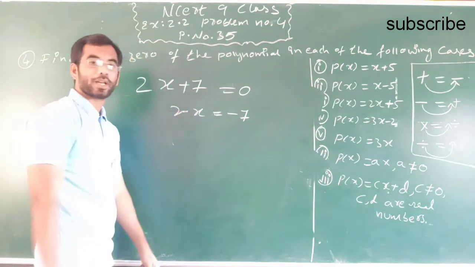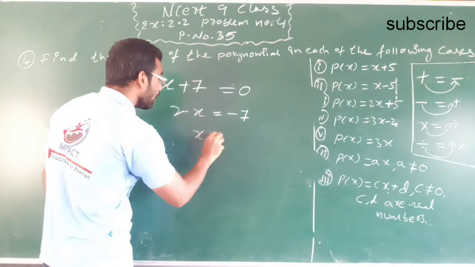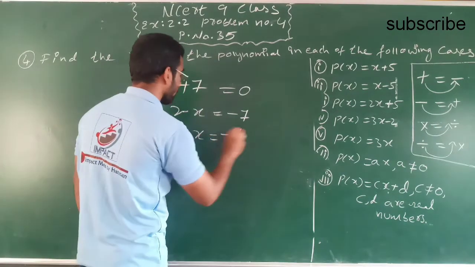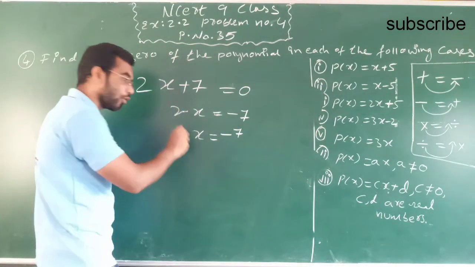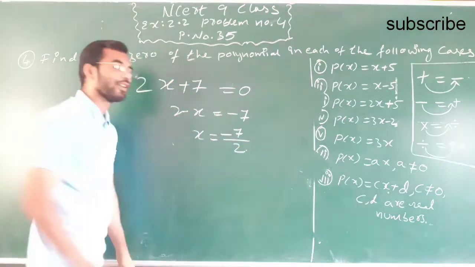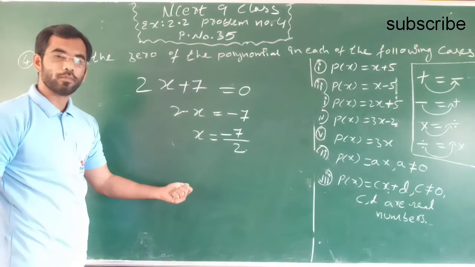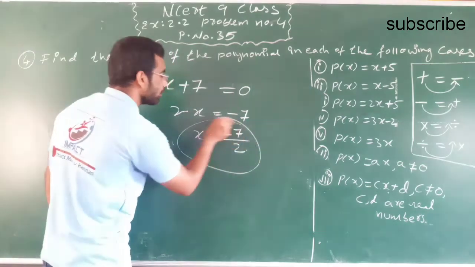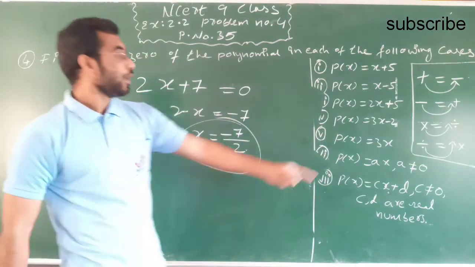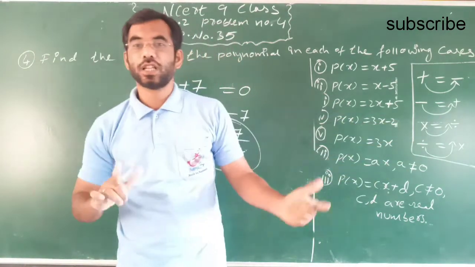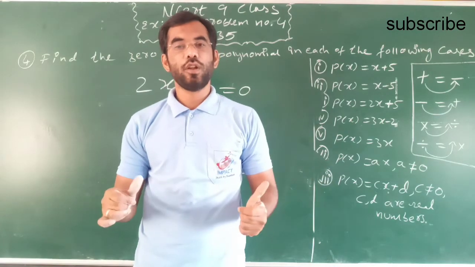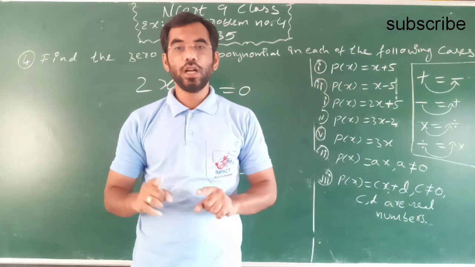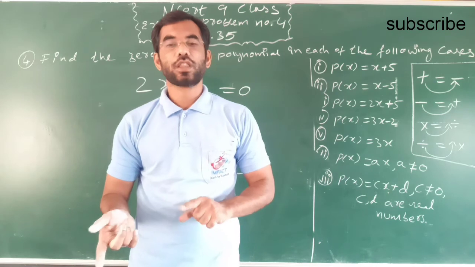Now 2 is in multiplication, so x is equal to minus 7 by 2, since multiplication goes to the denominator and becomes division. So remember, when we move a term across, there will be a change in the sign.